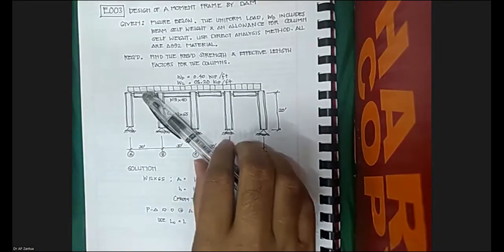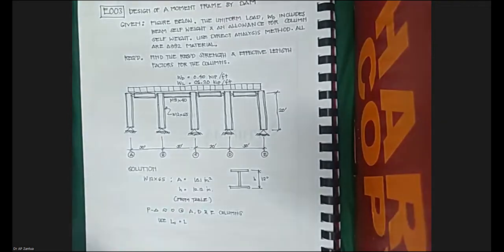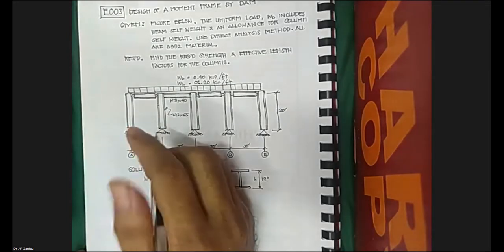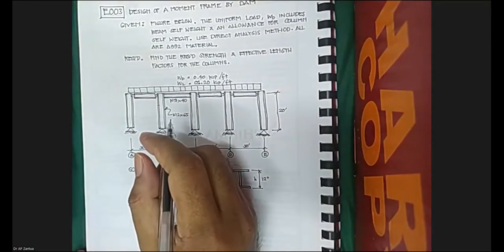So I think now we'll open it. Although the columns at grid lines A, D, and E do not contribute to lateral stability, the forces required to stabilize them must be considered in the moment frame analysis.